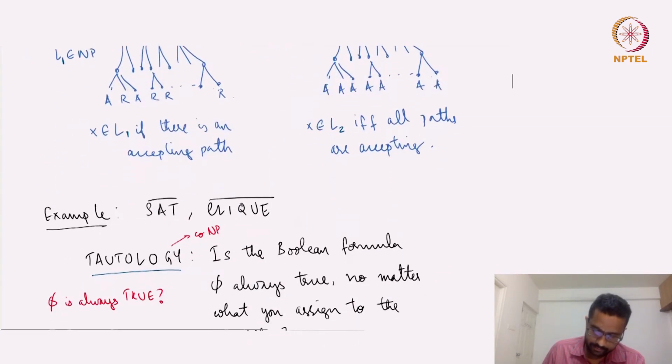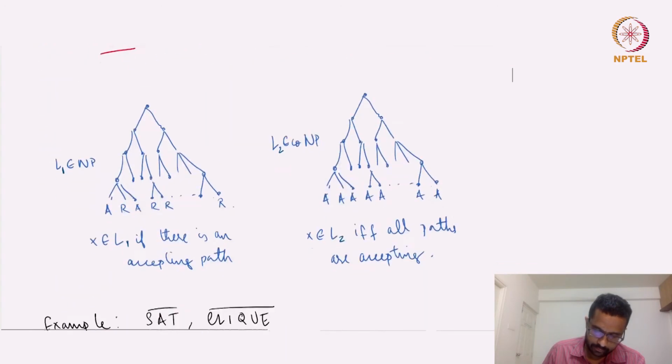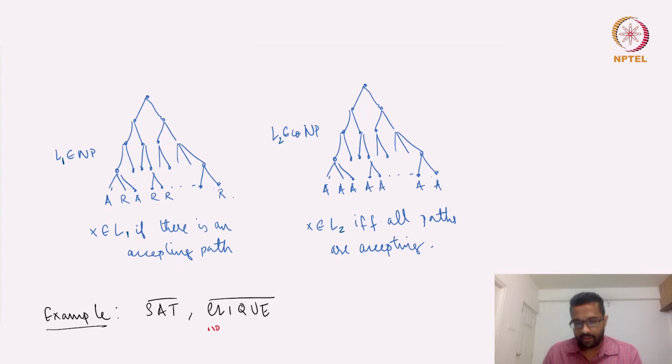is this. Let's say L1 is in NP. We had this characterization: you have many different computation paths. How do we check if some string X is in L1?